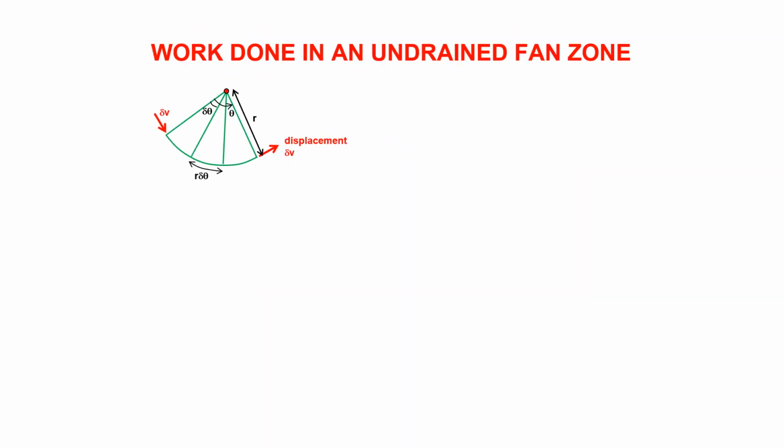We need to think about the work done, the energy dissipated inside the fan zone, in an undrained fan zone. So here I've got an infinite number of little wedges, 3 in this case is close to infinity.